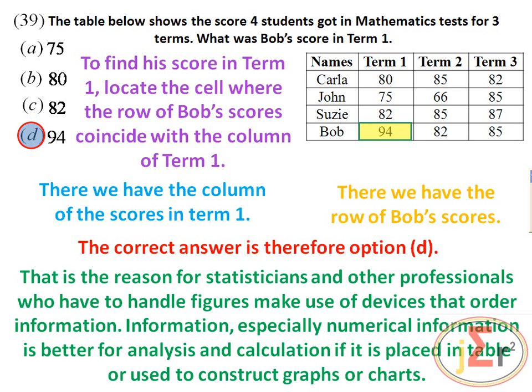So statisticians and other professionals make use of tables and other devices that are used to order information in order that we might be able to get information or get a value from those tables or graphs in a very easy way.